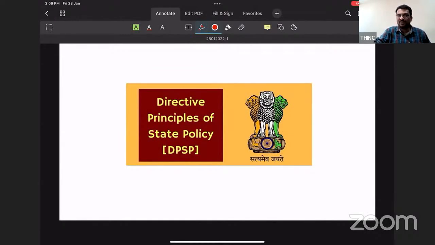It is also a borrowed thing. We can't say it is completely borrowed, but it is borrowed from Ireland, and we can find traces in the Government of India Act 1935 also. There is a thing called the Instrument of Instructions.